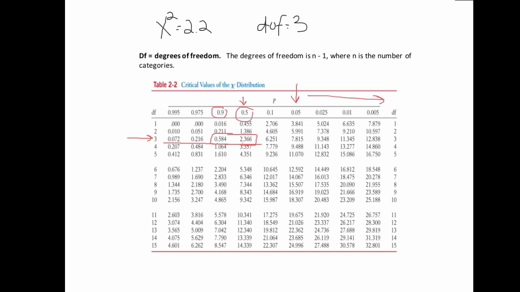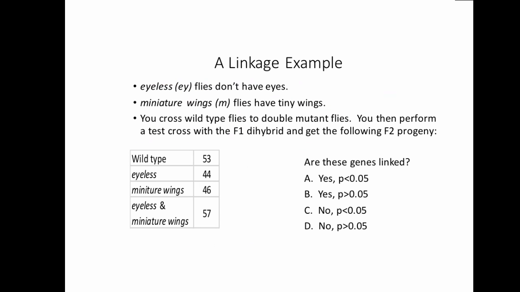So in this case, we would accept the null hypothesis, where our null hypothesis were that these two genes are not linked. So let's return to our original question, asking whether eyeless and miniature genes are unlinked.